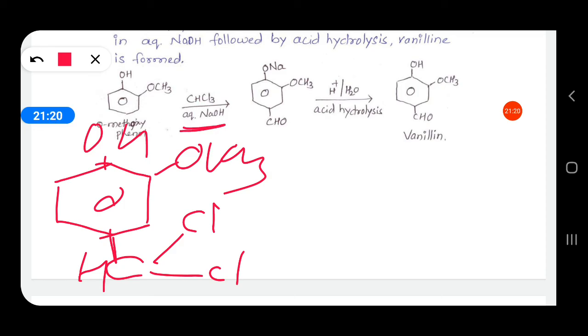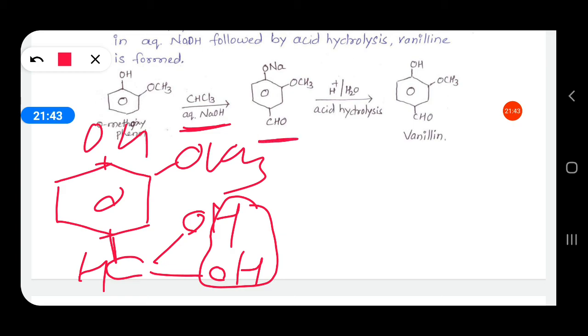But when treated with NaOH, this Cl is replaced with a hydroxyl group, so they become OH. But two OH groups on the same carbon are unstable, so a mole of water is removed, then CHO remains. So here CHO remains.